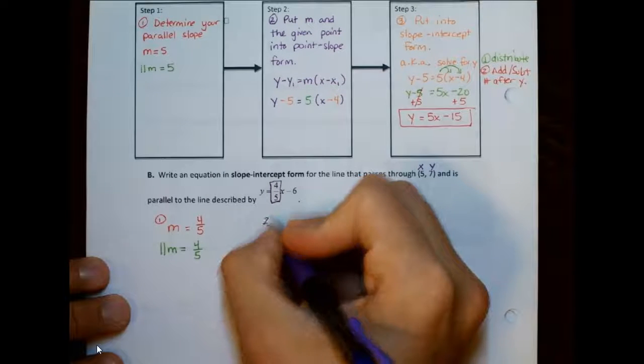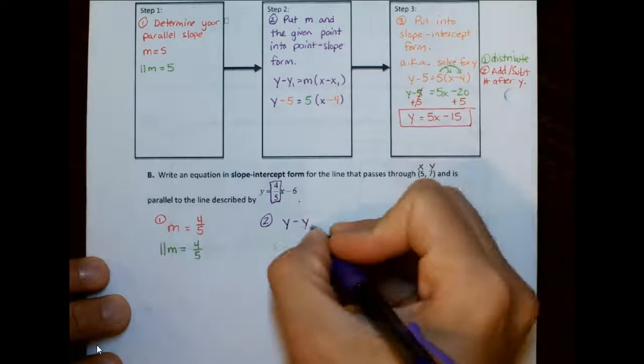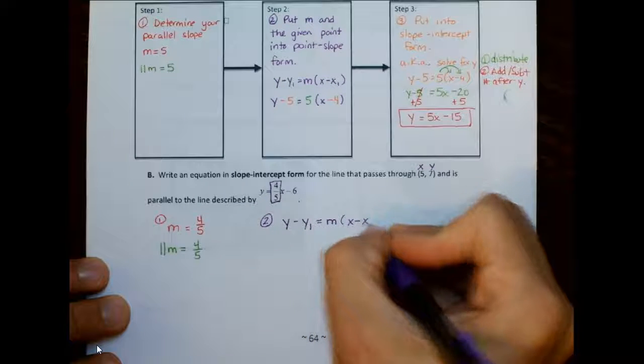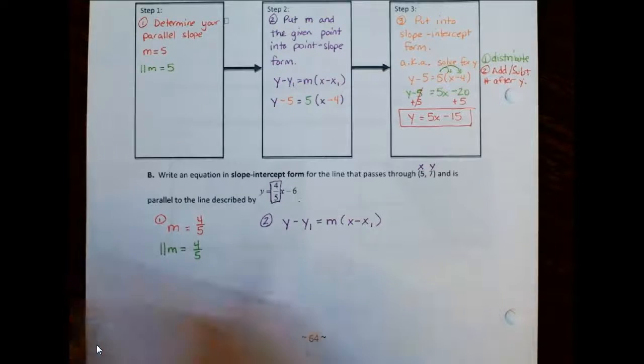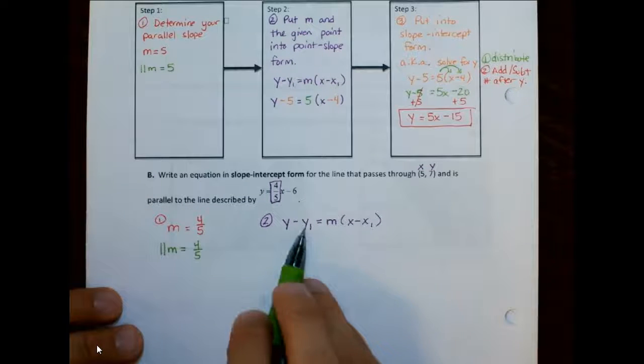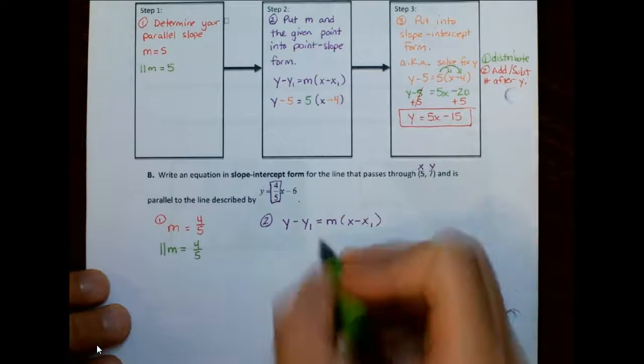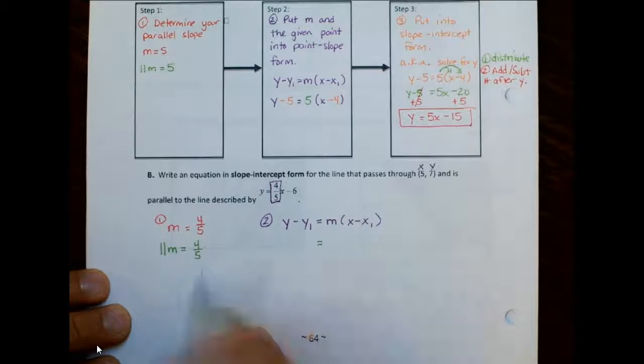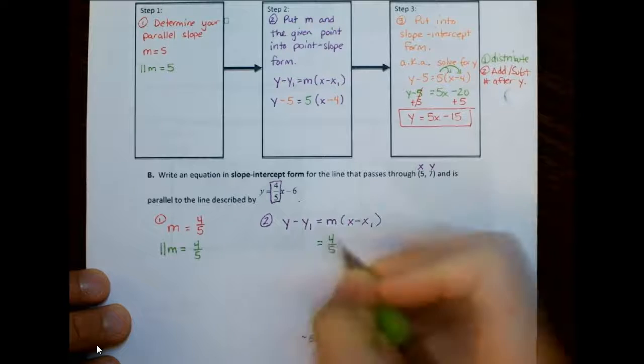Step 2, put it into point slope form. y minus y1 equals m times x minus x1. So I'm going to replace y1, m, and x1. We know that m is equal to 4/5, so I'm going to put that in there.